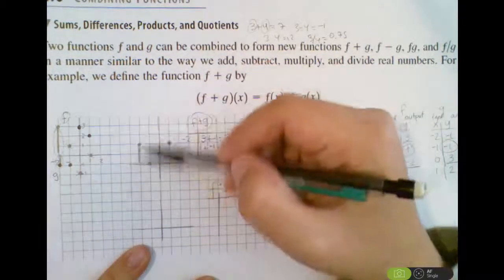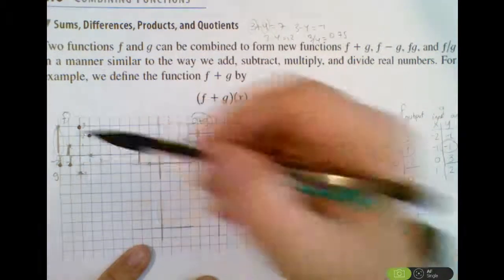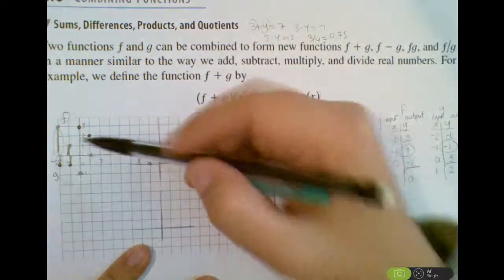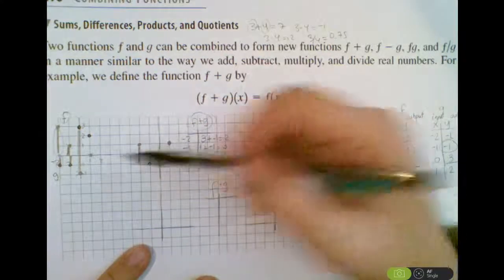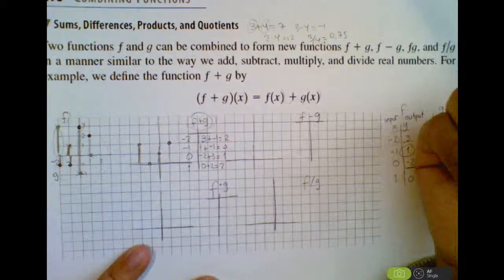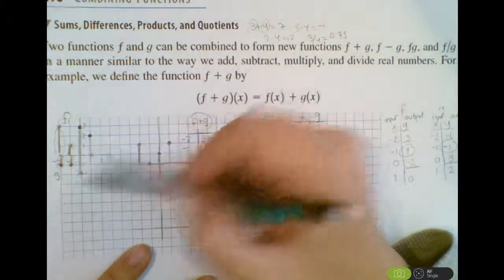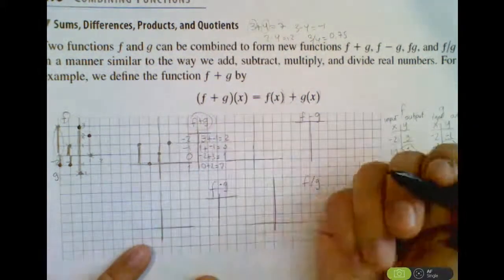I only get 2 back. What happens when I add 1 plus -1? I get 0. 3 plus -2, I only get 1 back, and 2 plus 0, it remains as 2. So graphically, as well as with the tables, I can verify that f plus g is correct.